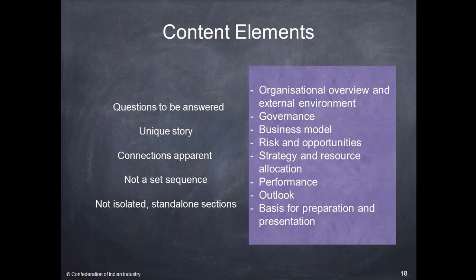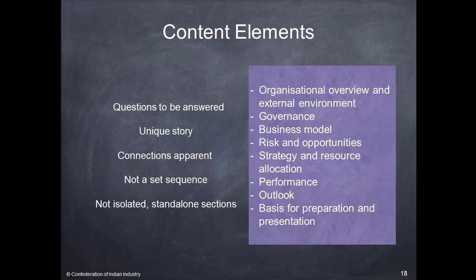And just briefly going through them, it again tries to summarize what an investor or your stakeholders are looking for. What is this organization? How does it exist? What's the governance structure? What's the business model? What are the risks and opportunities that are foreseen? How is the strategy developed based on those risks and opportunities?